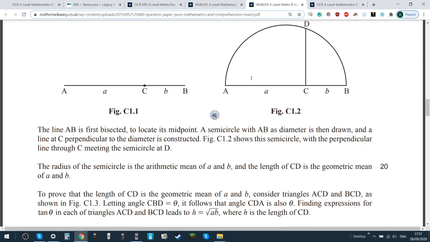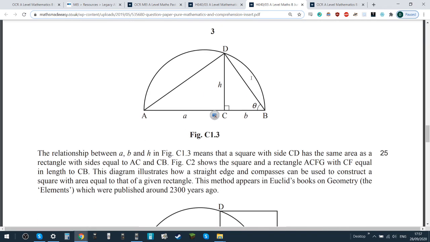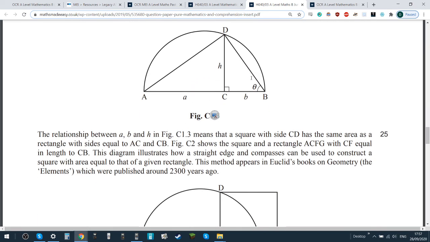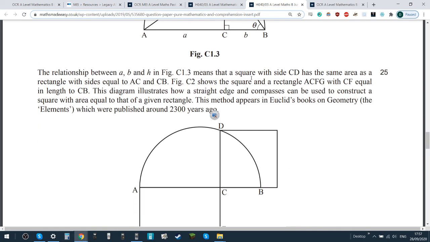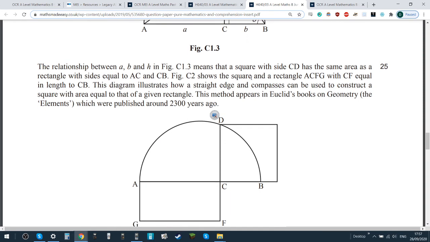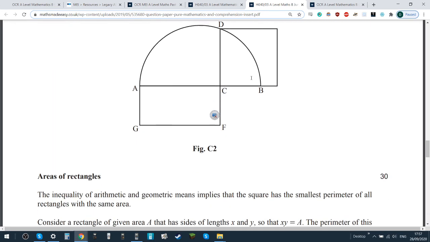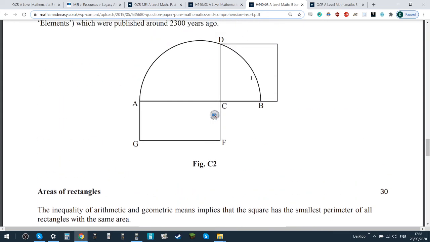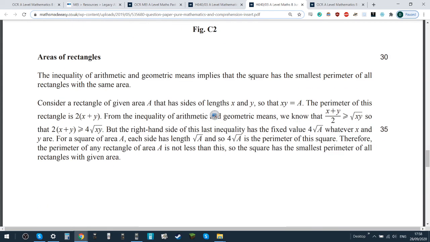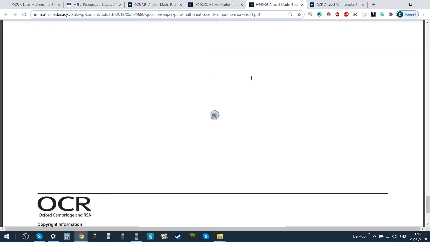So they just turned it into a graph. Okay. So you do Pythagoras. I mean, you don't know what the questions are yet, but... Euclid's elements. Oh, Euclid. Area of rectangles. That's it. It's only 3 pages long.